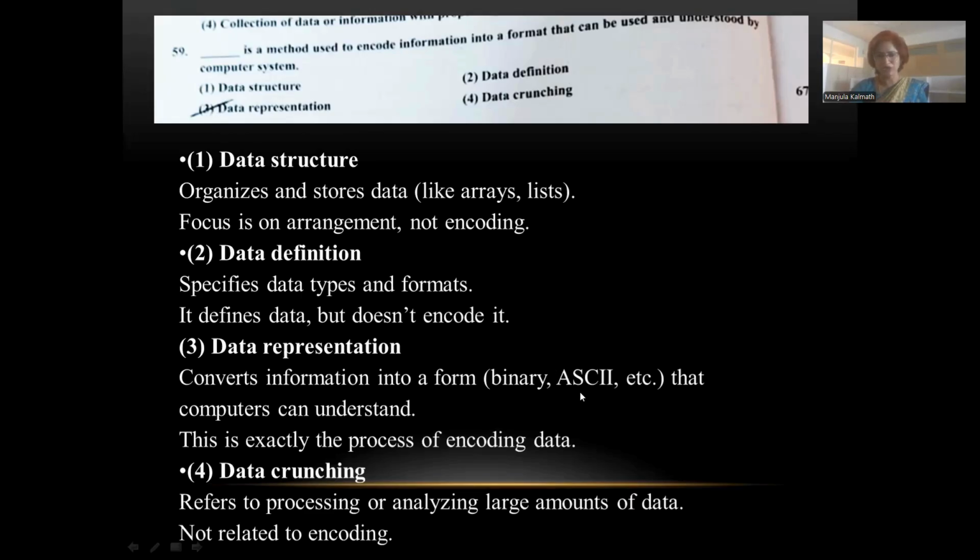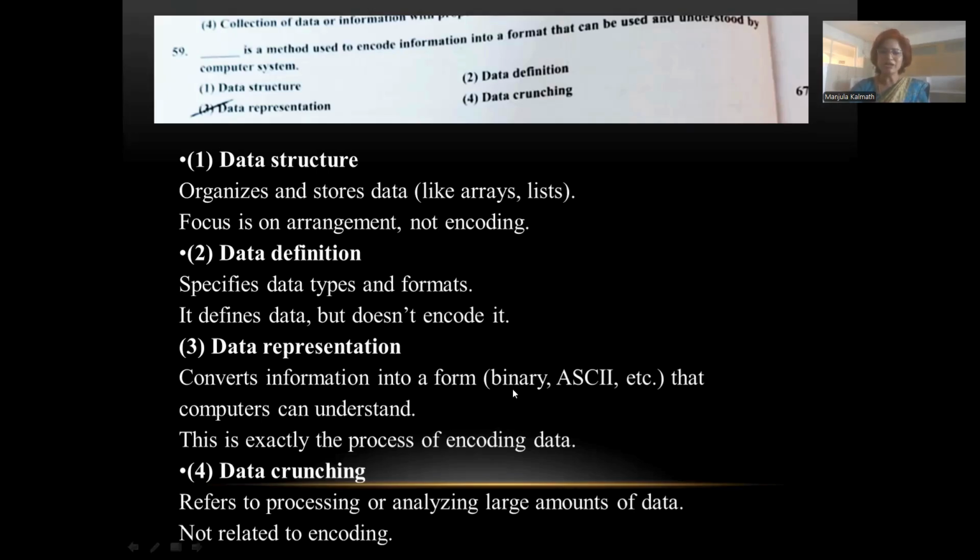ASCII code conversion, American Standard Code for Information Interchange, is one of the code conversion techniques, which converts high level language, that is characters and symbols, everything into numerical format. For capital A it is 65, small a it is 97, and from there it continues with B, C, D and so on.